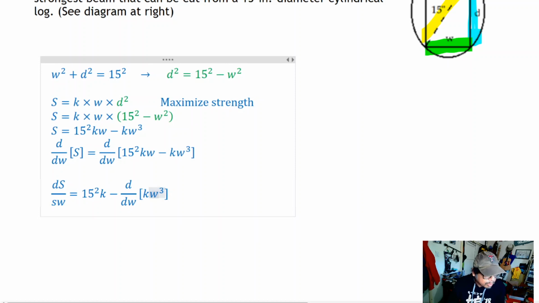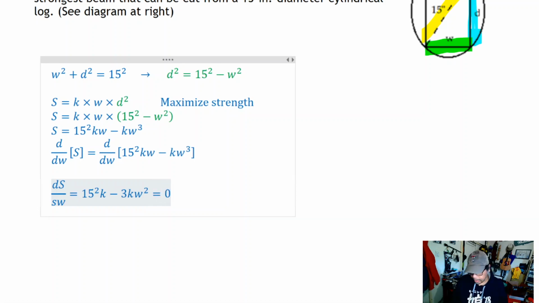Taking this a little bit slower, just remember that W is the variable of differentiation. So this K here, we actually don't need it inside the derivative. We can just stick that on the outside. And now that looks like the d/dW of W cubed, which is just, of course, 3W squared. Let's move that 3 up to the front, there we go.